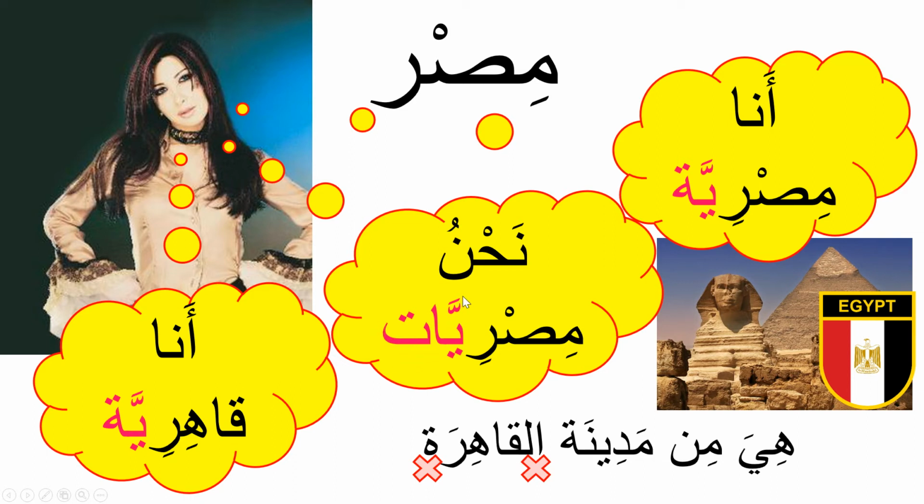These are what are known as sound plurals, where you take the stem of the word that is a singular form and just add a suffix to make the word plural.